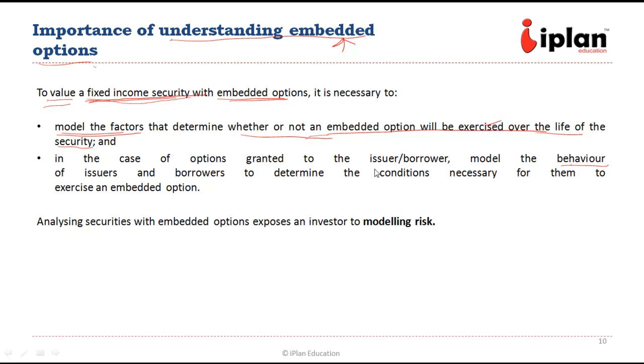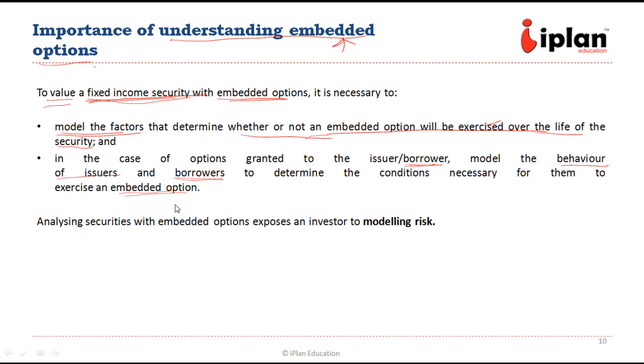If the option is granted to the issuer, we need to understand the behavior of the issuer, in what cases the issuer can exercise this option, and if it is given to the borrower, we need to look at the behavior of the borrower and analyze the cases in which the borrowers are more likely to exercise this option. Based on this analysis, we will be able to find out the value of the embedded option, and we can adjust the value of the bond according to this value.